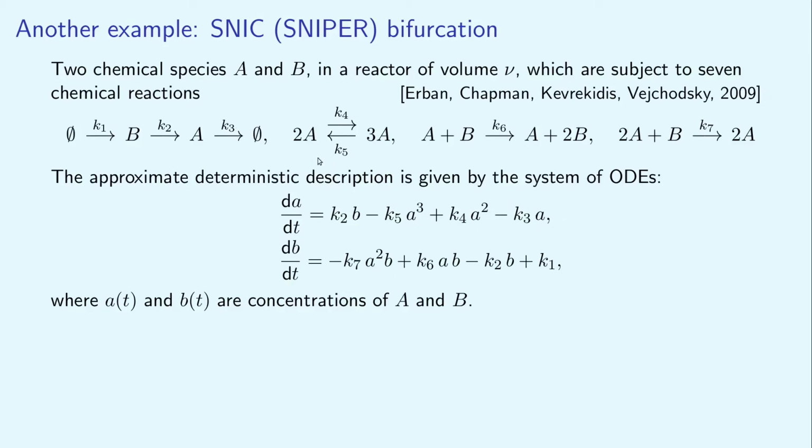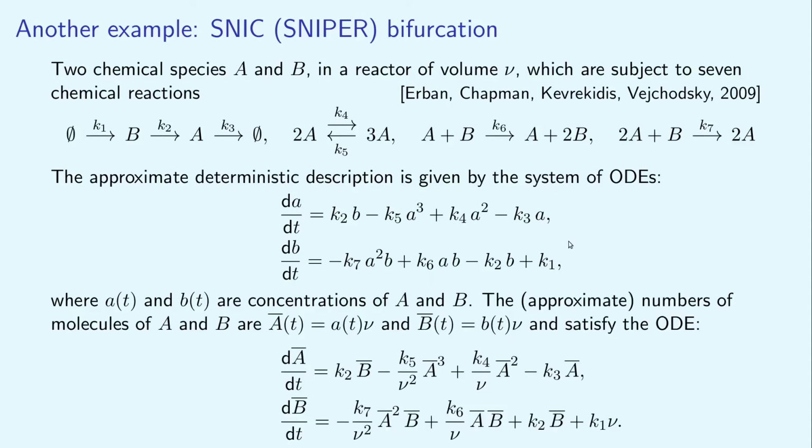The next two chemical reactions are written as this reversible chemical reaction where 2A can go to 3A and back. These two reactions correspond to two terms on the right hand side of the first differential equation, minus K5A cubed plus K4A squared. Finally, the last two reactions do not change the number of molecules of A. They correspond to two terms on the right hand side of the second differential equation, minus K7A squared B plus K6AB.